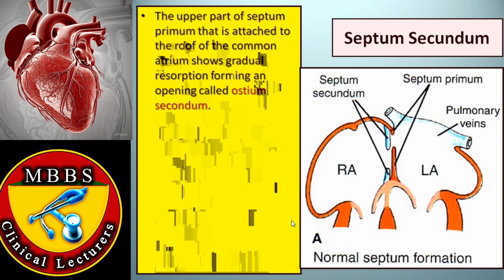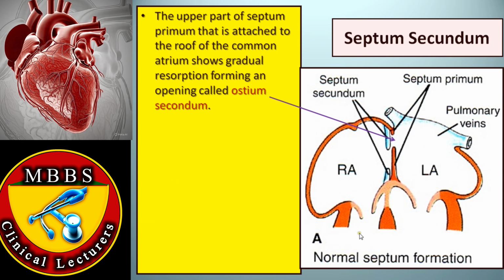Another septum in the right atrium medial to that septum primum. अब हमने कहा था कि ये फ्यूज हो गया और सेप्टम प्राइमम के अंदर ऑस्टियम सेकेंडम डेवलप हो गया. Just medial on the right side of that ostium, another septum arises, and that septum is called the septum secundum.